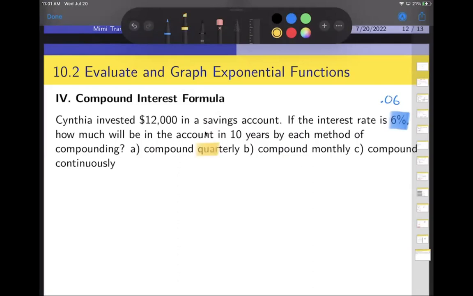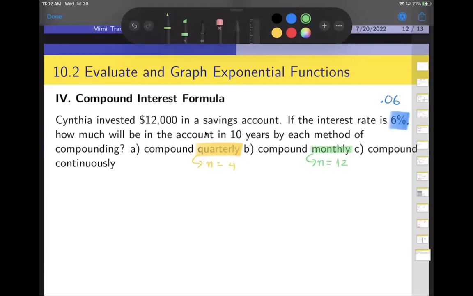Compound quarterly, what? Quarterly means n equals 4. Compound monthly is n equal what? 12, right? 12 months a year.